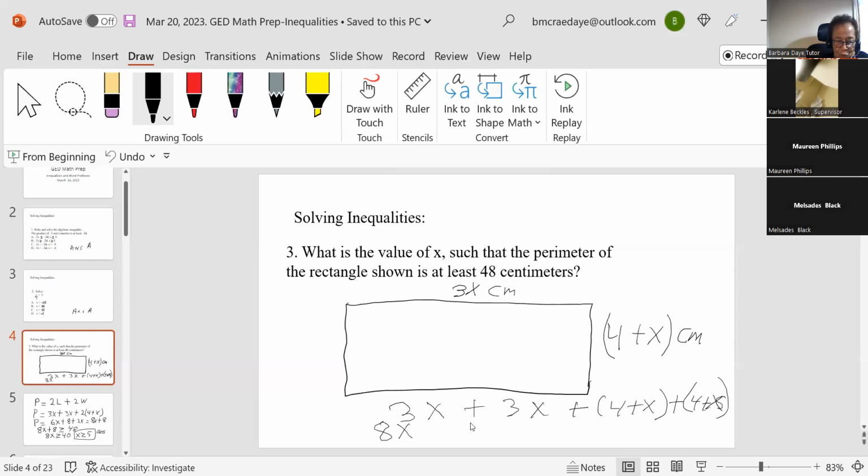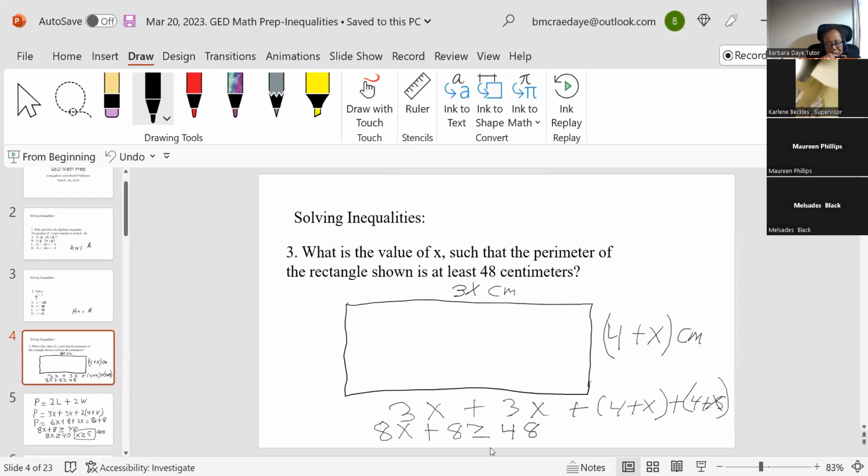And then you have 4 plus 4, it's 8. You can't add 8 plus 8x. You set that greater than or equal to 48, so it'd be 8x plus 8.